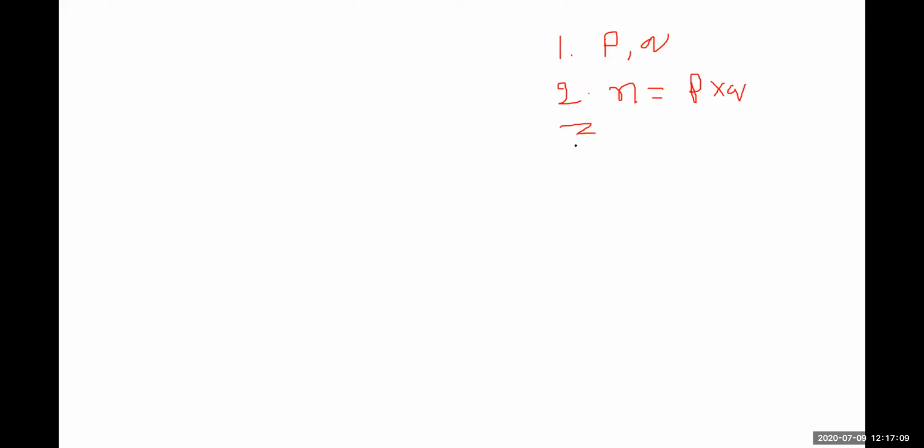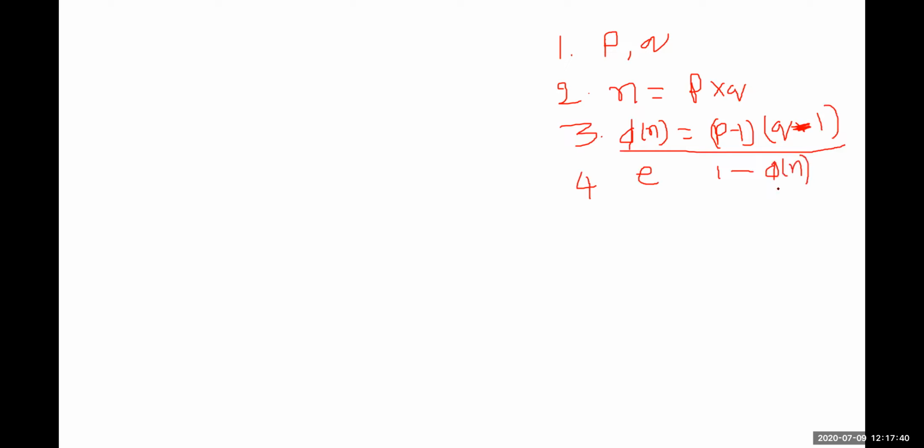The third step is to identify phi of n, which is P minus 1 into Q minus 1. If you are performing this operation, then obviously you have to have phi of n. The fourth step is to select E, which ranges from 1 to phi of n.